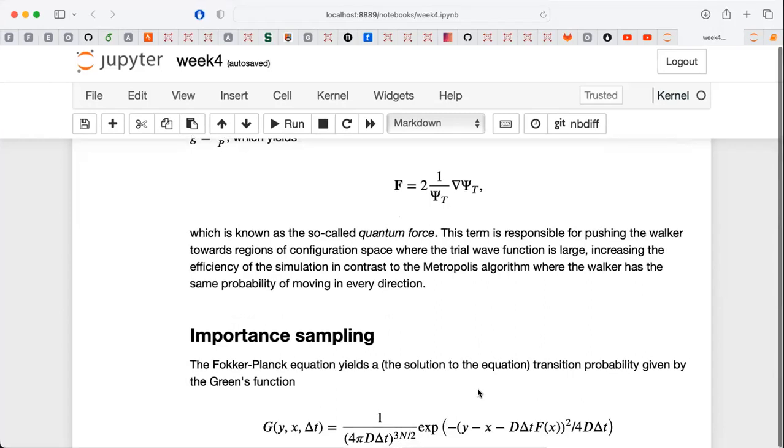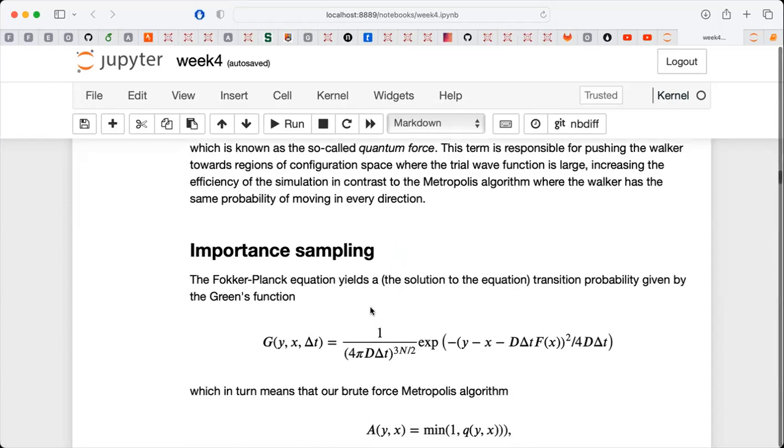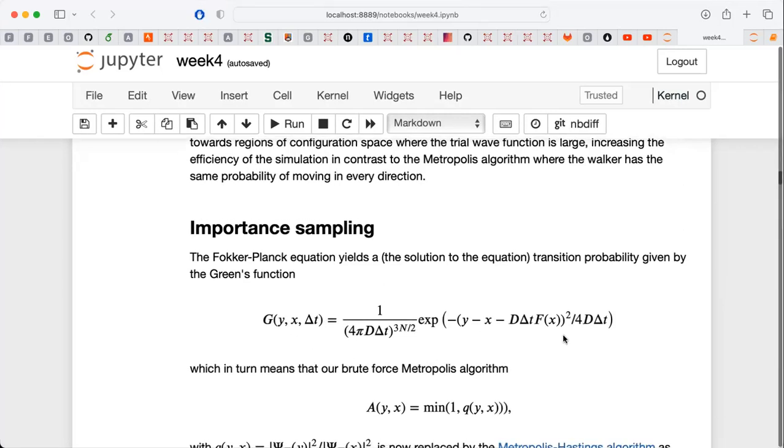Now we can plug this in, and you can show that you get a so-called Green's function, if you're familiar with the theory of Green's functions, with which we can calculate this transition probability. The Green's function is nothing but a transition probability from x to y in a time step delta t, which is given by these terms here.